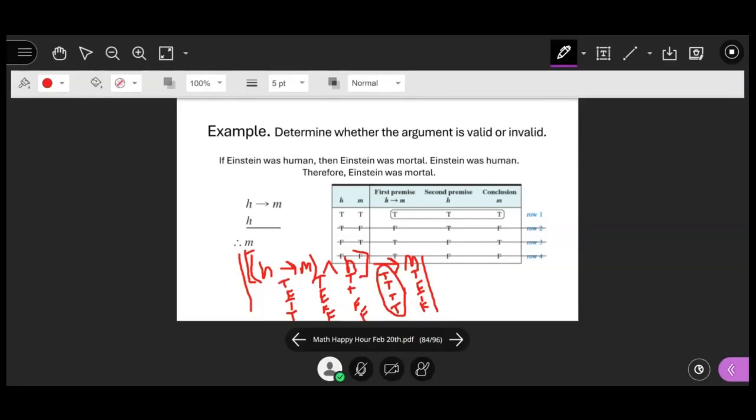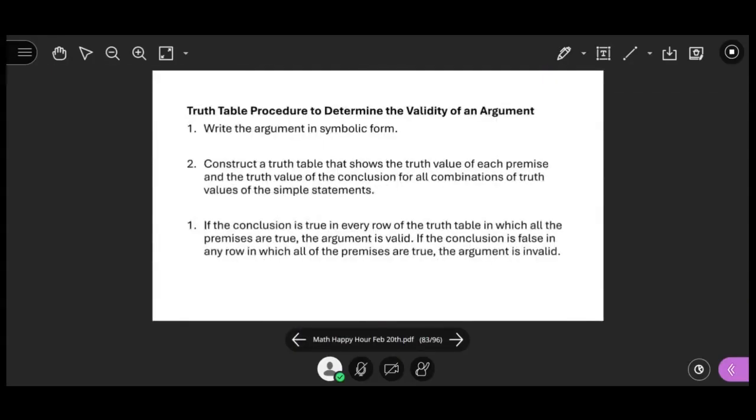But to avoid doing the entire truth table, we can just focus on whenever the premises are true and check that the conclusion is true. And that was from the statement right here: if the conclusion is true in every row of the truth table in which all the premises are true, the argument is valid.